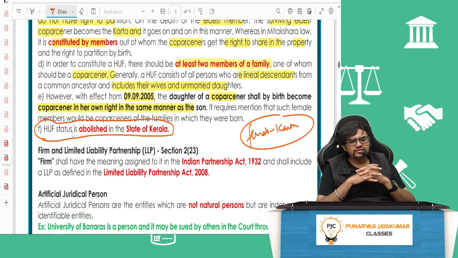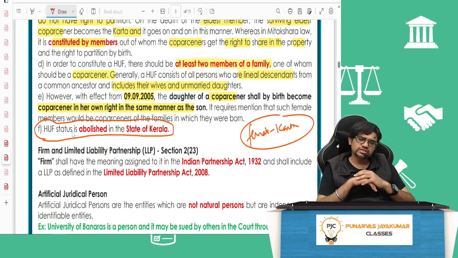HUF deletion will be good in terms of leakage of income for the income tax department, but it will be very, very bad for the governing party, because it will be perceived as what? Attack on Hindus. So it's political. So it will not happen. In Kerala, there is a communist mentality. That's the reason why they don't want all these things to happen.